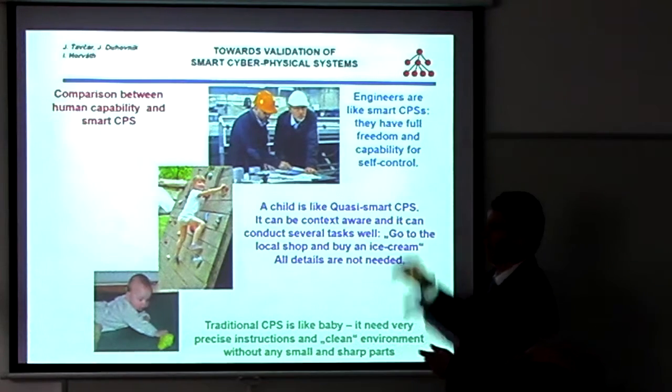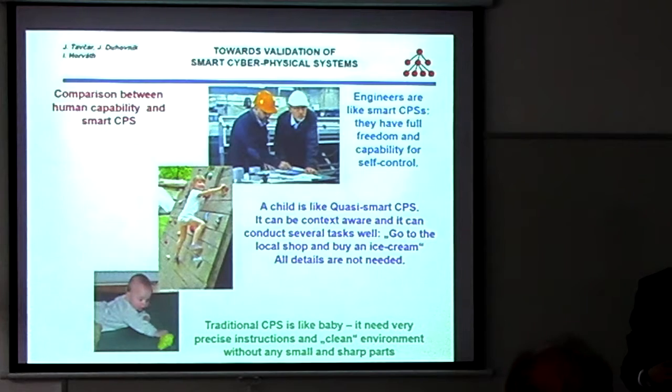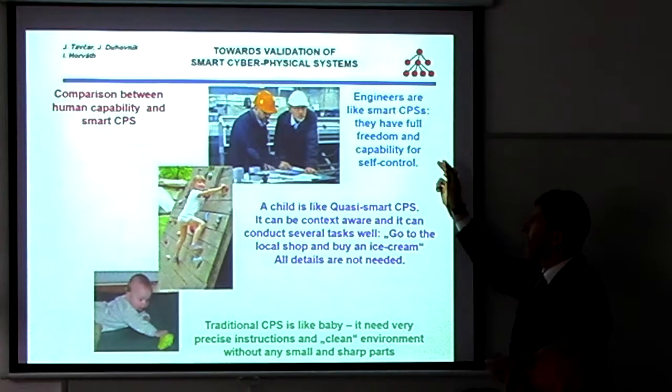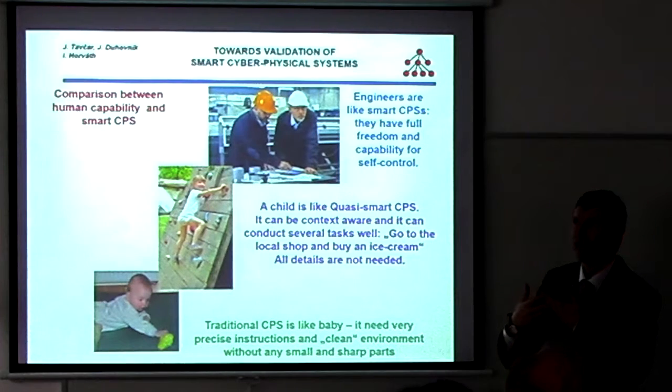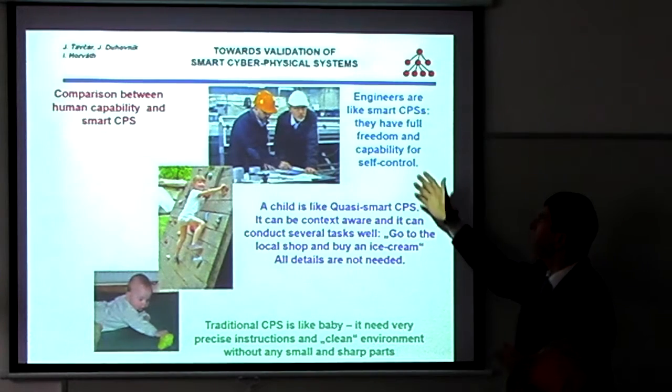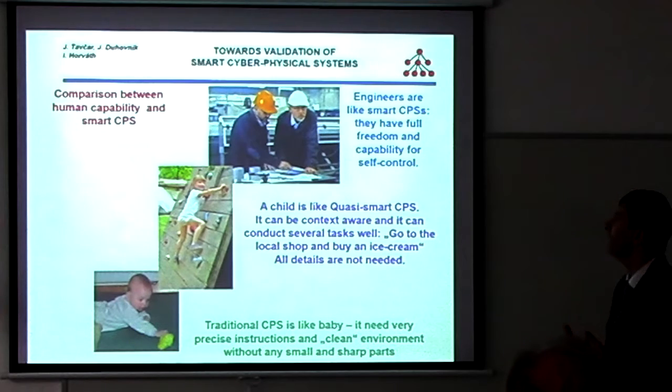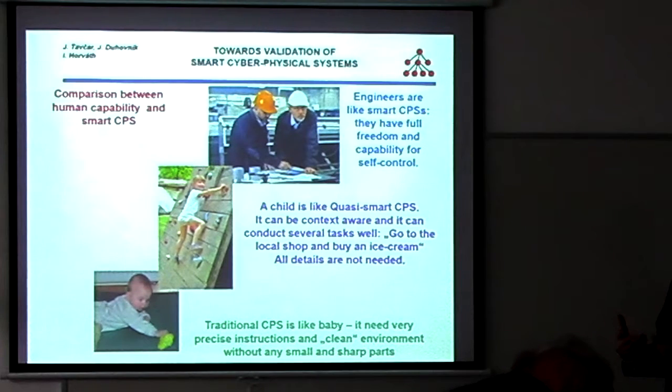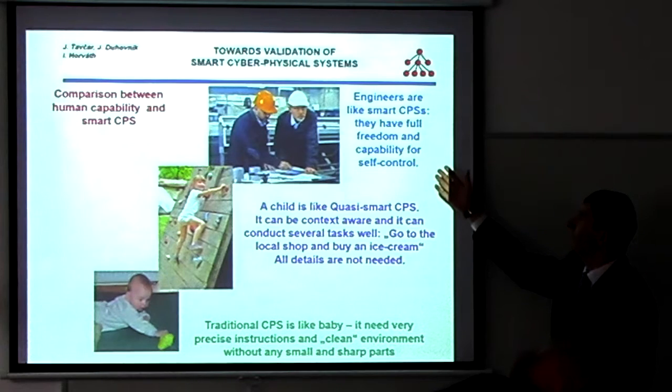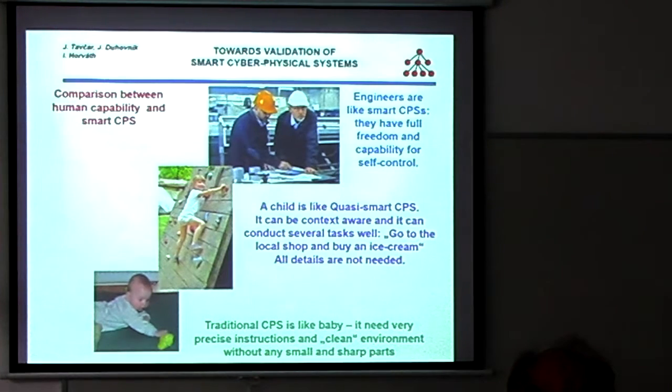But engineers are an example of a really smart system. They have all the freedom, but what is important is they have this self-control. They design the systems in a way that they are safe and reliable. So it's the feature of smart systems.